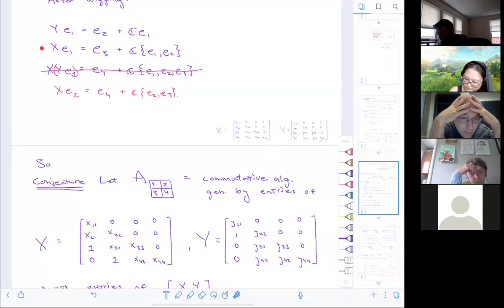This equation tells us the first column of x is e3 plus some other lower stuff. This equation tells us that the second column of x is e4 plus some lower stuff.